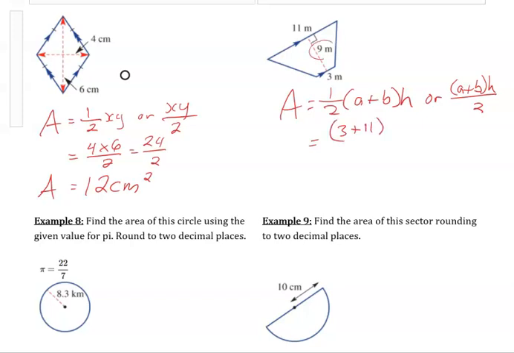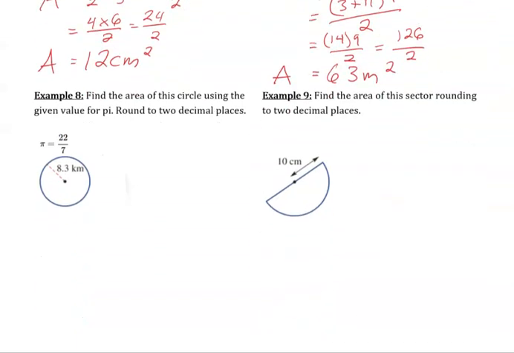And the height here looks like a 9. We're going to take 1/2 of that. So 3 plus 11 is 14, isn't it? Times 9 over 2 equals 126 over 2. So the area is equal to, divided by 2, 63 meters squared.